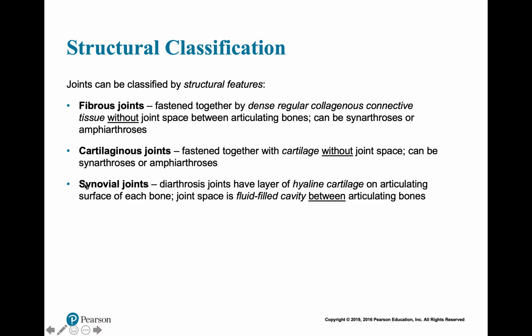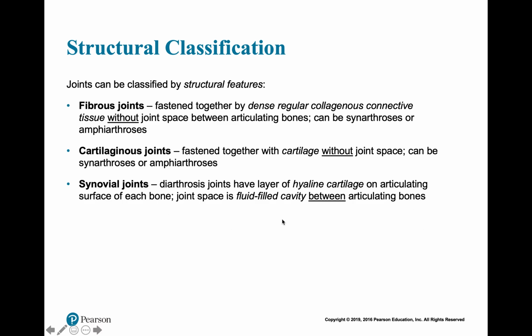So the presence of a synovial membrane means that structurally it's called a synovial joint, and it's diarthrotic based on function, right? And these synovial joints are going to be more complicated than fibrous or cartilaginous as far as their structure goes, and we'll see that later in the chapter.